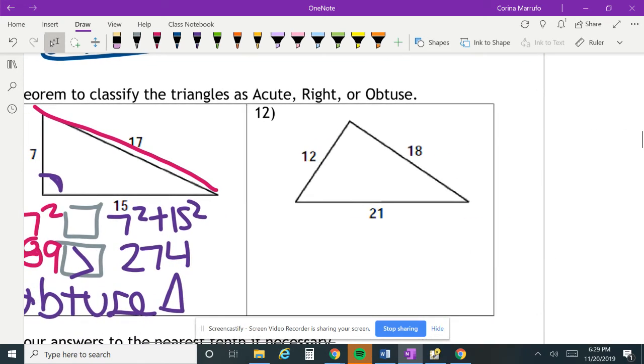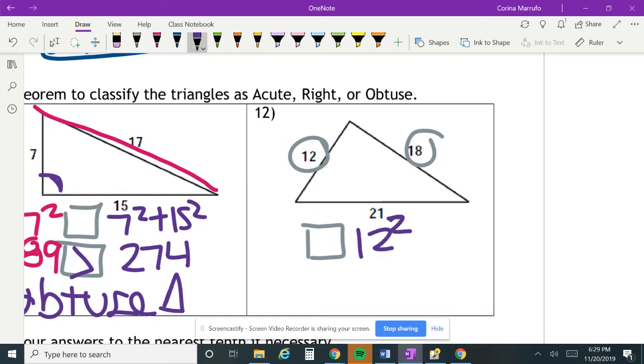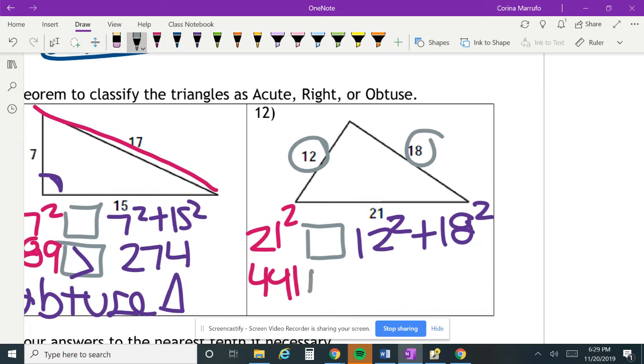And the last one, so we take the two smaller sides, which are the 12 and the 18, and we're going to see if those two, when we add them together, 12 squared plus 18 squared, if that's the same as or bigger or less than 21 squared. So 21 squared is 441, and then in between we don't know.